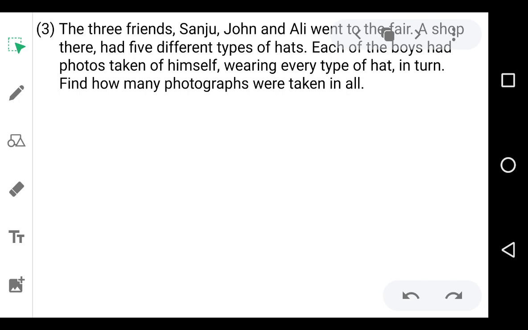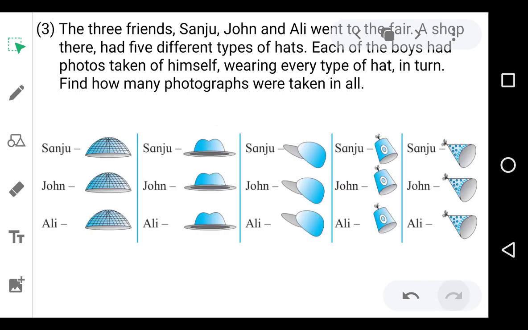That means the total photographs. So first see here, Sanju, John and Ali take a photo with the first cap one by one. Then Sanju, John and Ali take a photograph with the second cap one by one. In the same way, they take photos with each cap. So how many pairs will be formed? Let's count.